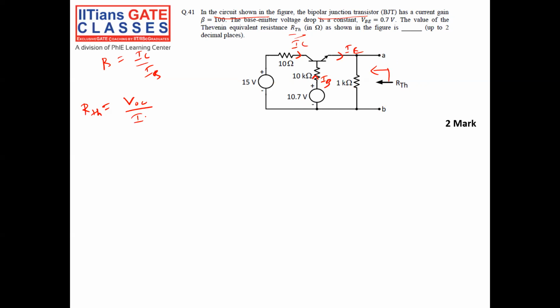Then my short circuit current: I have to short the terminal across which I want to calculate the Thevenin equivalent resistance, and then calculate the current. Then the Thevenin resistance is VOC by ISC. So first let us calculate the open circuit voltage.